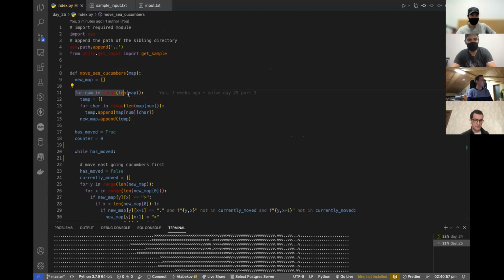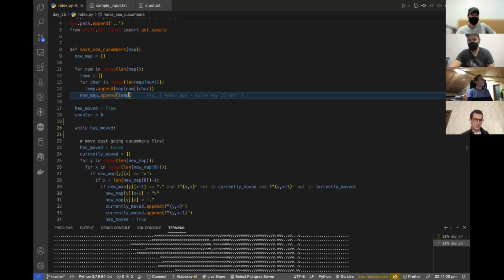I'm detecting if it has moved so that I can stop at some point, and I have my steps counter. So while it can move, they are moving. I'm moving my east cucumbers first, and still false. Currently moved. So there were a few points where I had to reconsider.